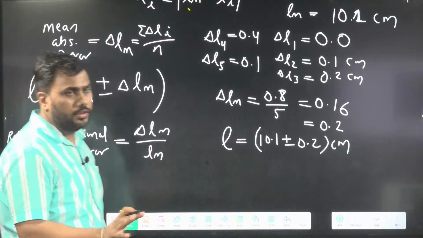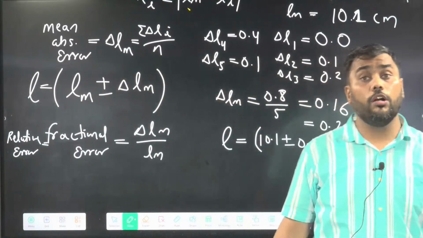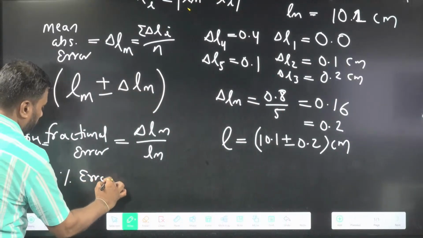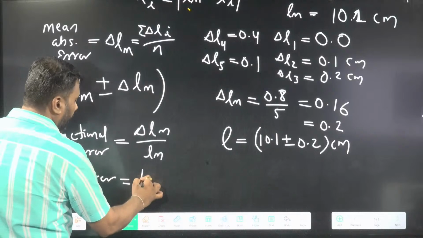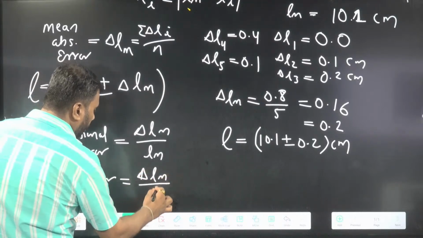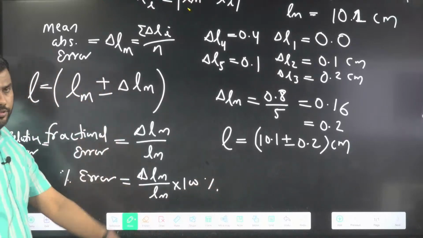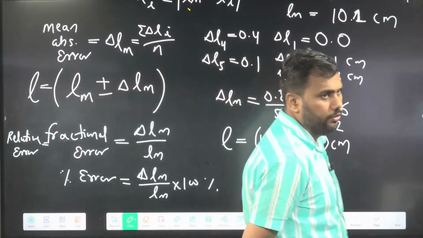Relative or fractional errors, same. If you want percentage term, percentage error, then multiply this with 100. Mean absolute error upon mean value into 100 gives you percentage error.